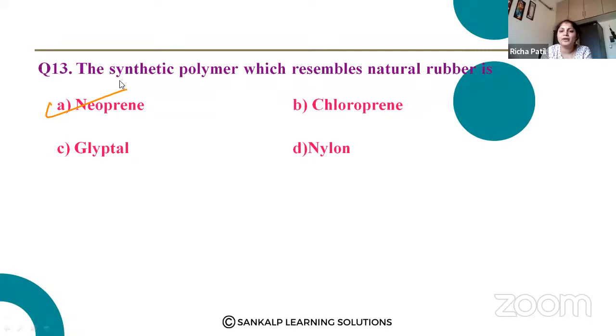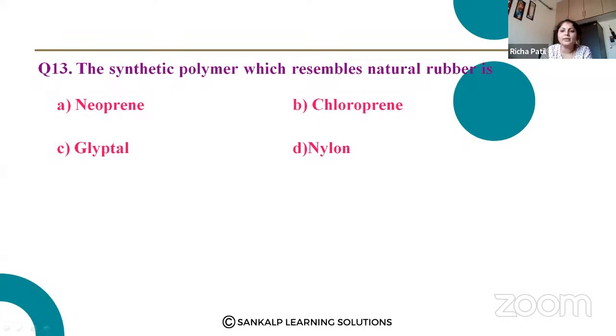I hope everybody has understood this. What is important here is you need to remember the monomer units and the type of polymerization. Based on that, you can solve any type of question from this. So we'll solve some extra questions.